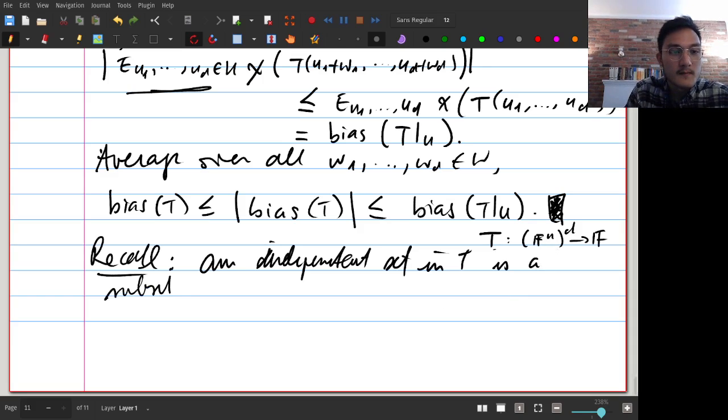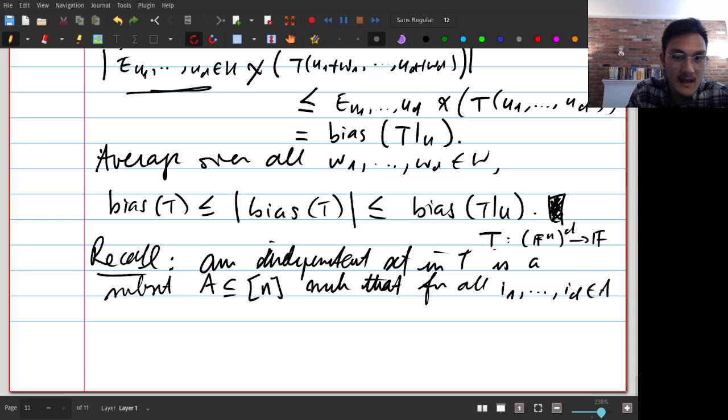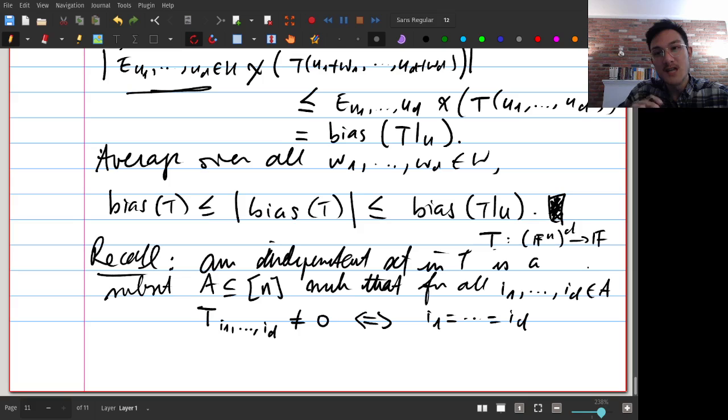An independent set is a subset A of this index set, such that for all I1 up to ID in A, the coefficient indexed by I1 up through ID is non-zero if and only if I1 is equal to ID, meaning that if you restrict to the indices in A, you have a diagonal tensor. Okay, that's an independent set.